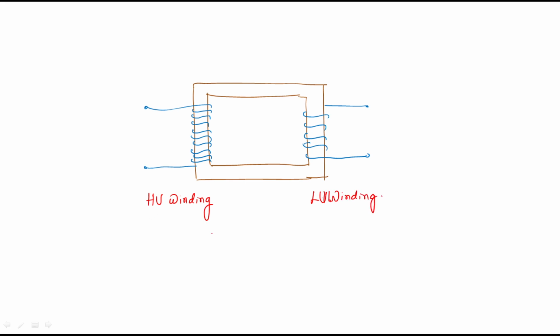So the winding which is proportional to number of turns is called LV or HV. If the number of turns are more, that is high voltage winding. If number of turns are less, that is low voltage winding. This is about LV and HV winding. Then coming to what is primary winding, what is secondary winding.